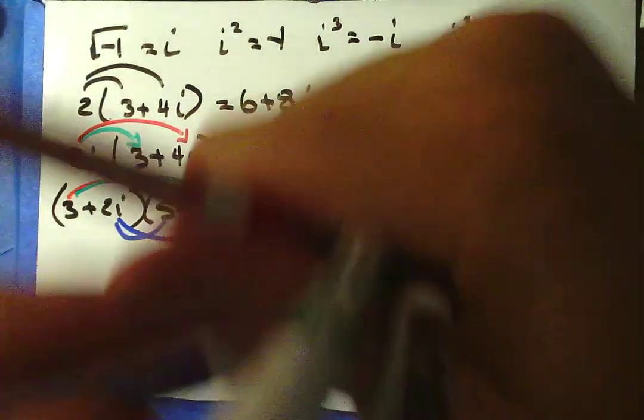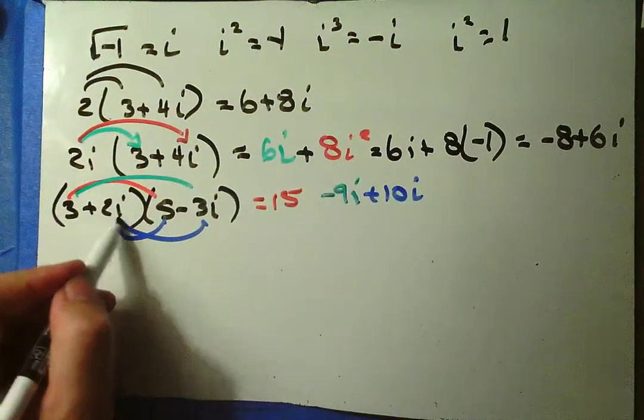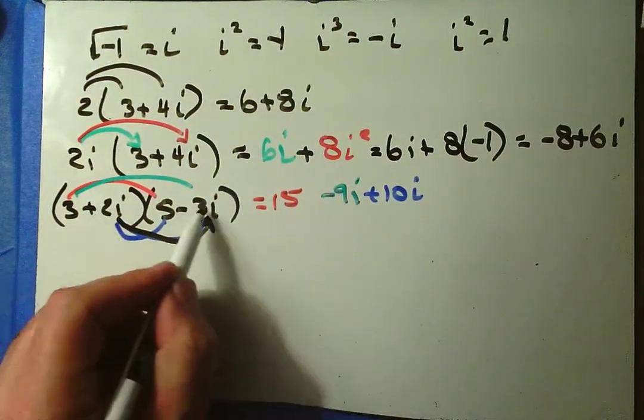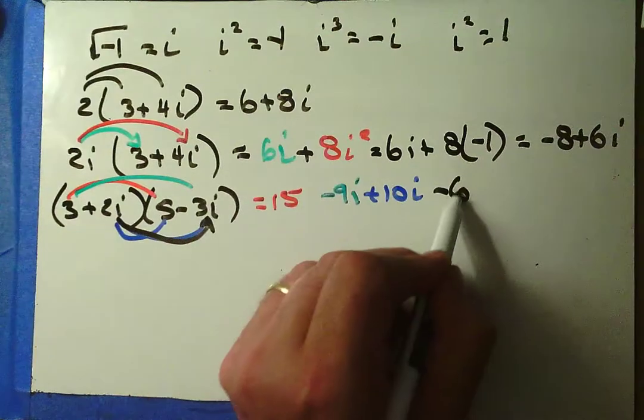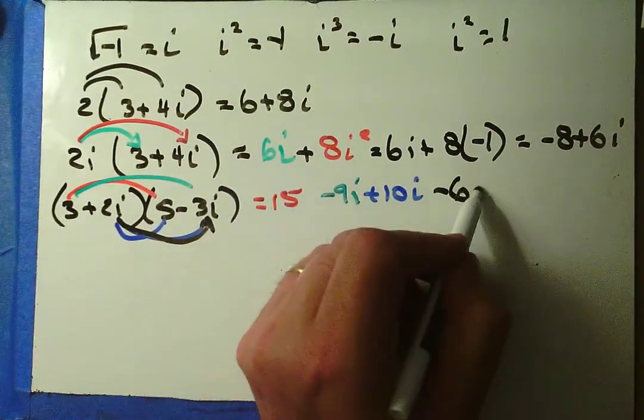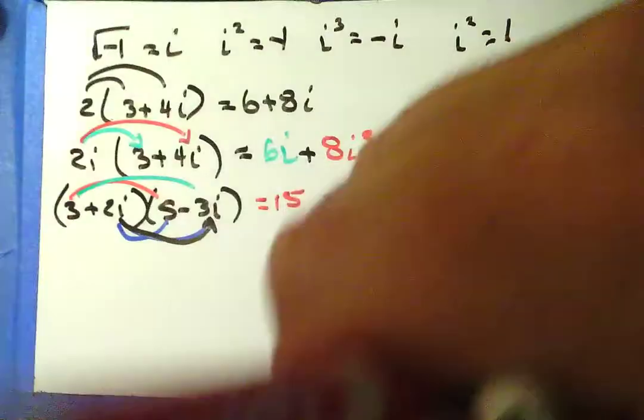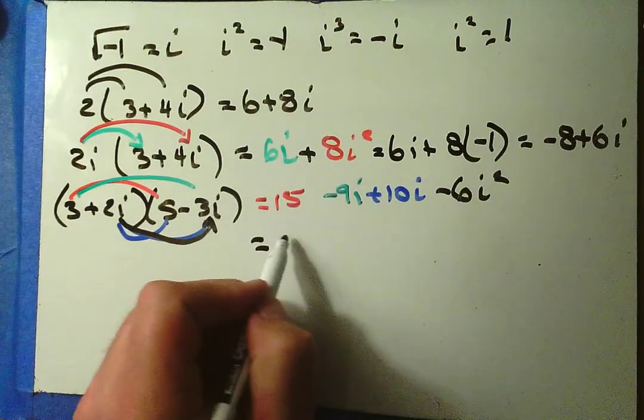And this last one, 2 times -3 is -6, and i times i is i squared. So there's some simplifying we need to do now.